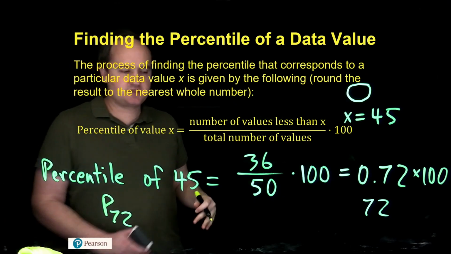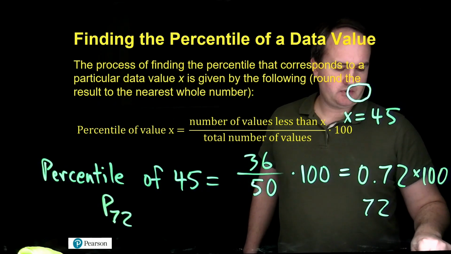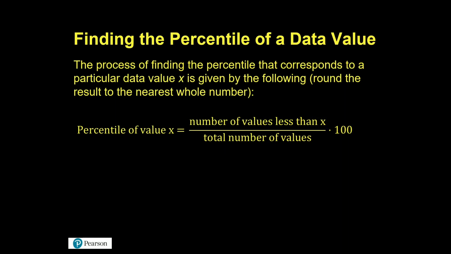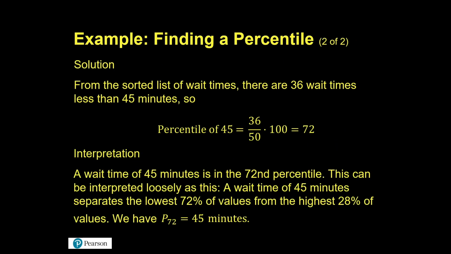So let's go back to the slides to interpret that a little bit to see what this means. As you can see, the book got the same percentile as I just did. Percentile was 72. And the interpretation of this is that a wait time of 45 minutes is in the 72nd percentile, as I said.